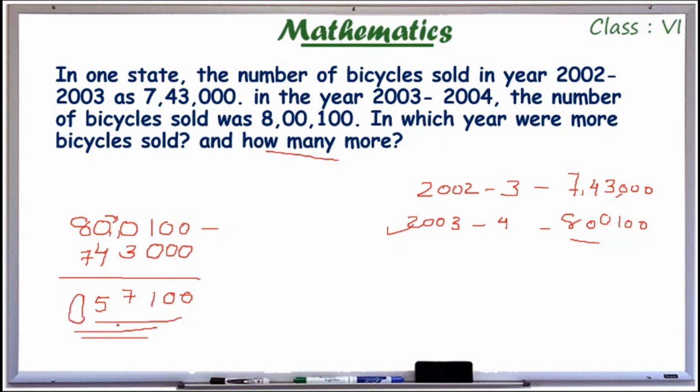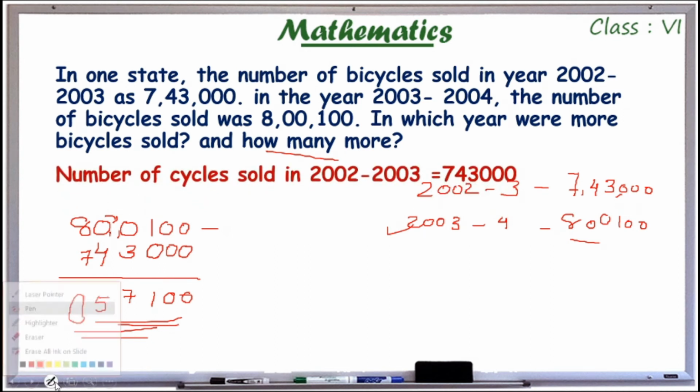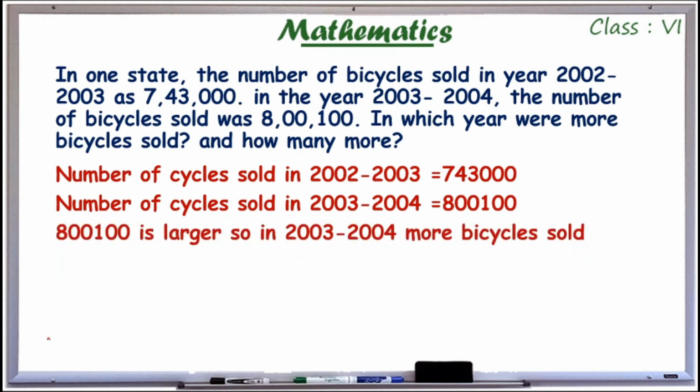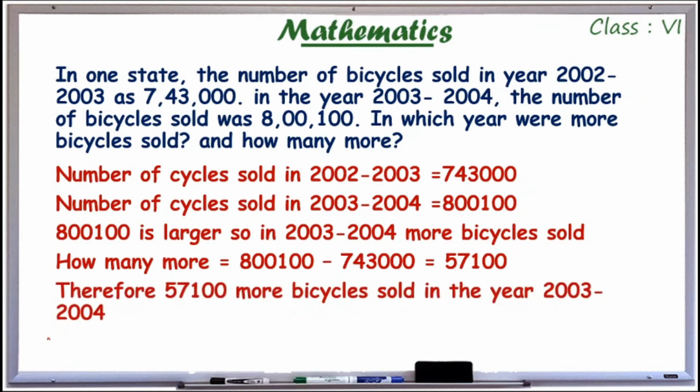So the answer is 57,100. So in 2003-2004 more bicycles were sold, and the increase in the sale is 57,100. Just find the difference between those two numbers. So 57,100 more bicycles were sold in the year 2003-2004.